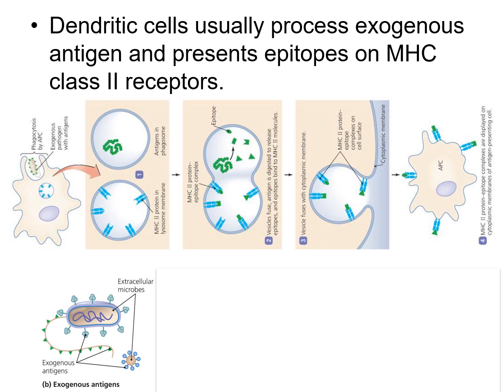You go down to the next image, image 2, you know that the phagosome is going to bring the antigen in, and now it fuses with the lysosome. When it fuses with the lysosome, now it is a phagolysosome.